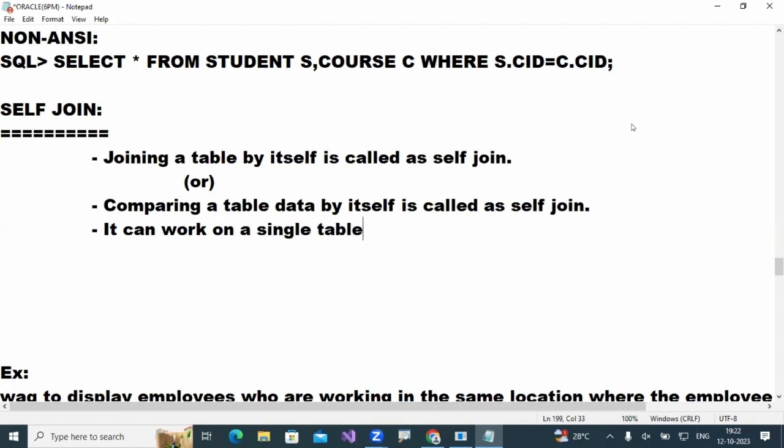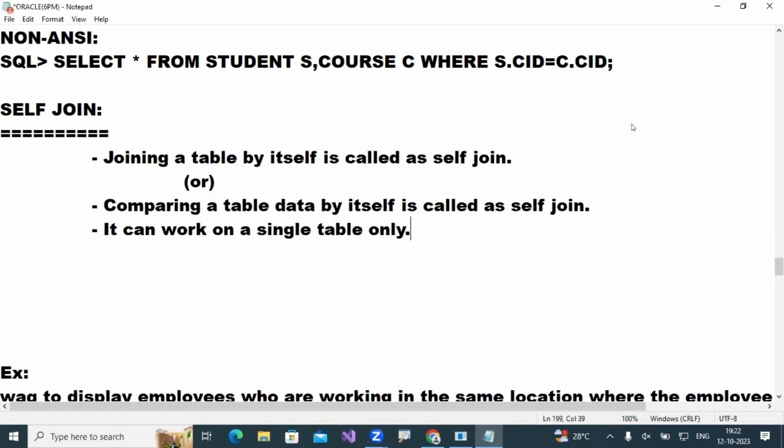A single table only. This is another point. So that means we don't have any chance to use multiple tables. Only one table is used and you do your work.